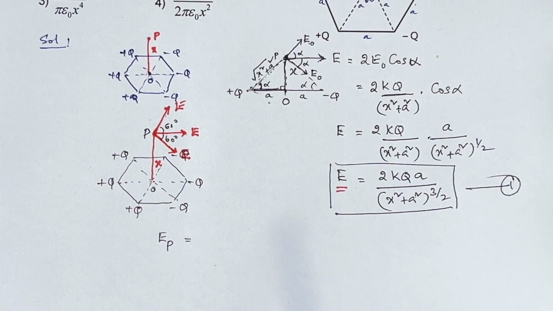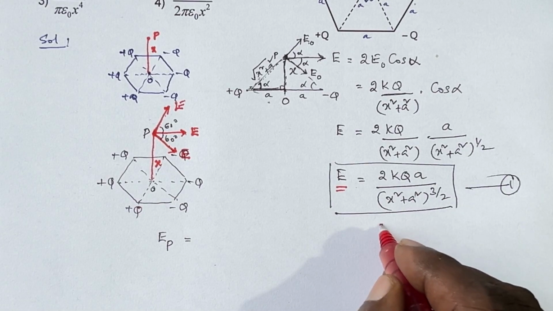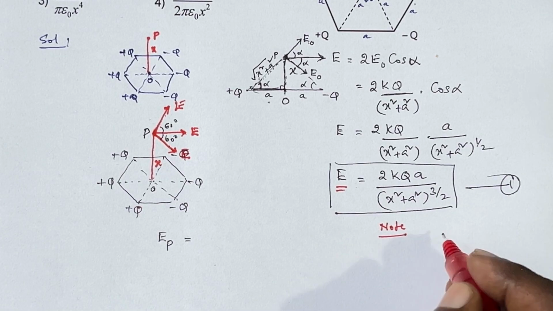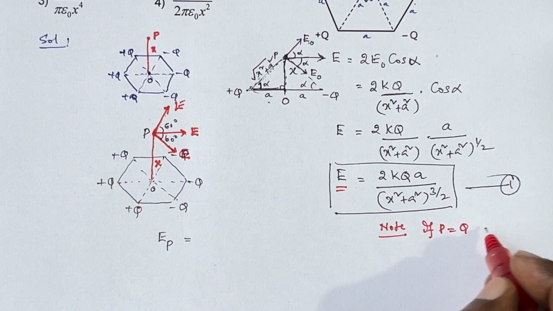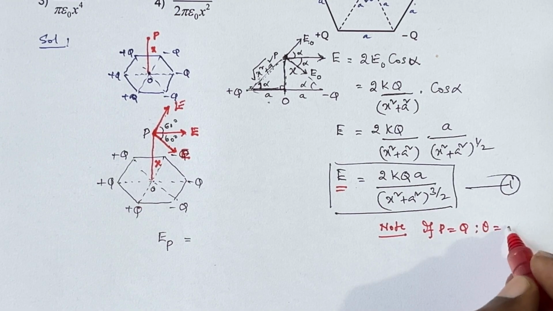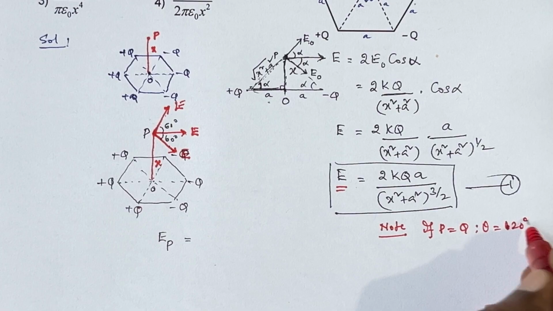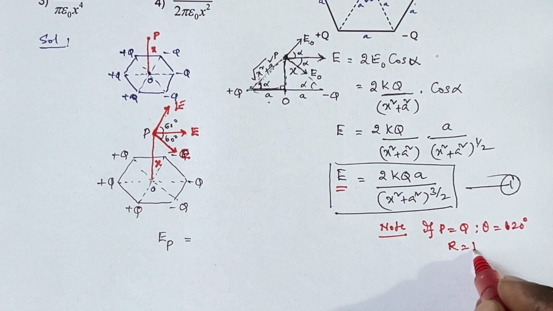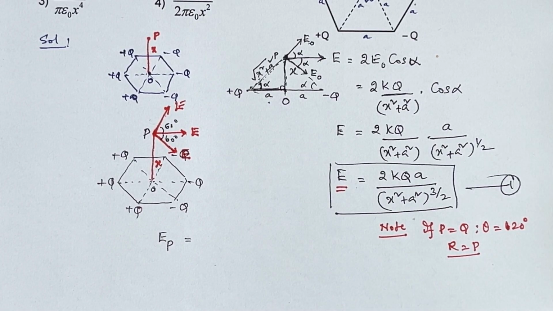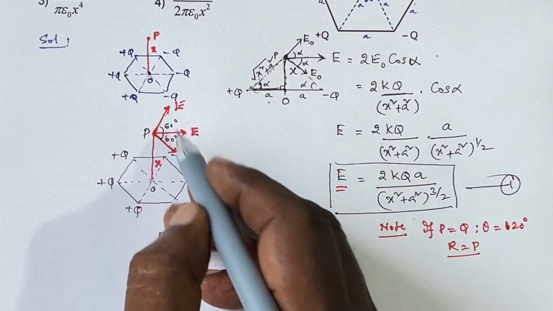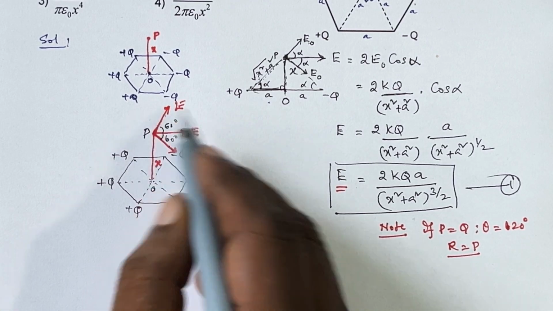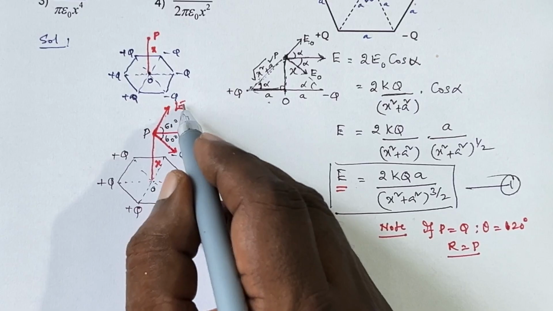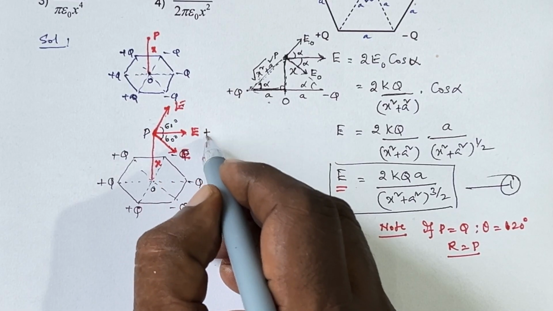So what we know from the vectors lesson: if P is equal to Q and theta is equal to 120 degrees, then R is equal to P. So here this is E, this is E, the angle between these two E's is 120, so the resultant is also E. So because of these two, another E will come here.